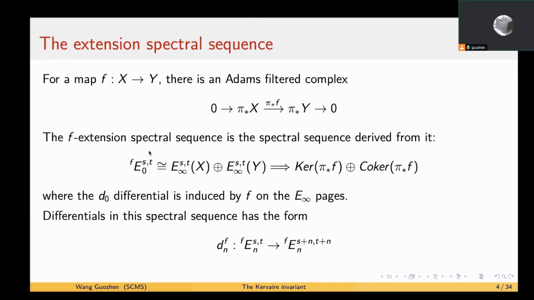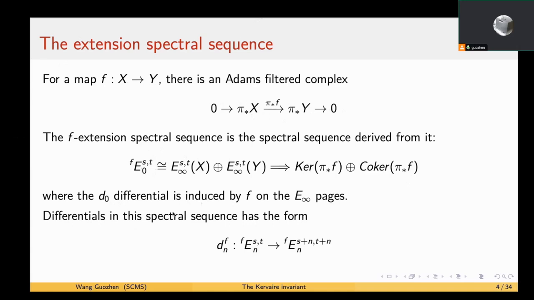That has E0 page the Adams E infinity page of X and the Adams E infinity page of Y, which converges to the kernel of pi star of f and the cokernel of pi star of f. We can see that the d0 of this spectral sequence is induced by f on the E infinity page of the Adams spectral sequence.